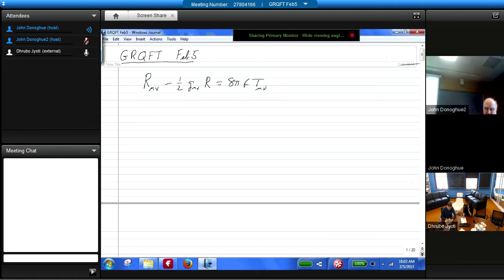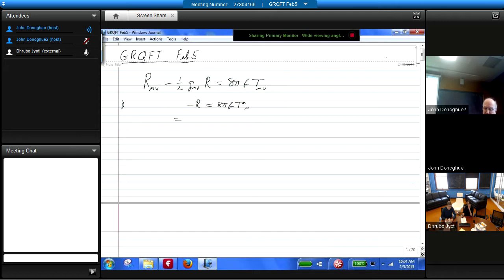Taking the trace of the first one, I get −R, since the trace of g_{μν} is 4, so this becomes −R = 8πG T^μ_μ.